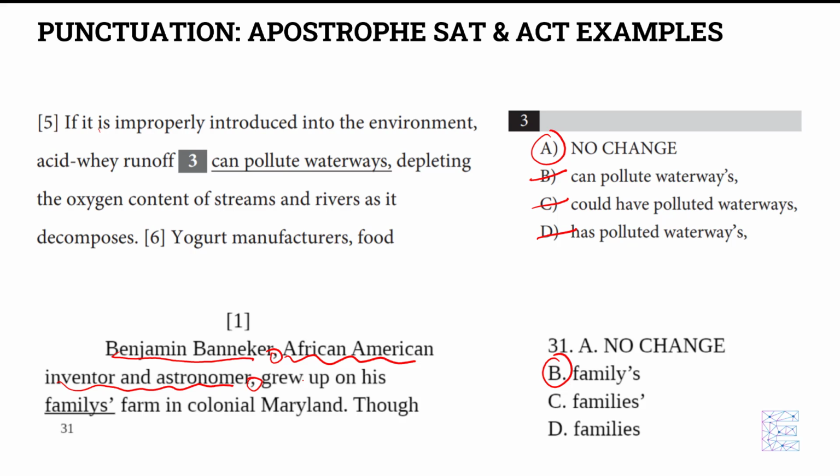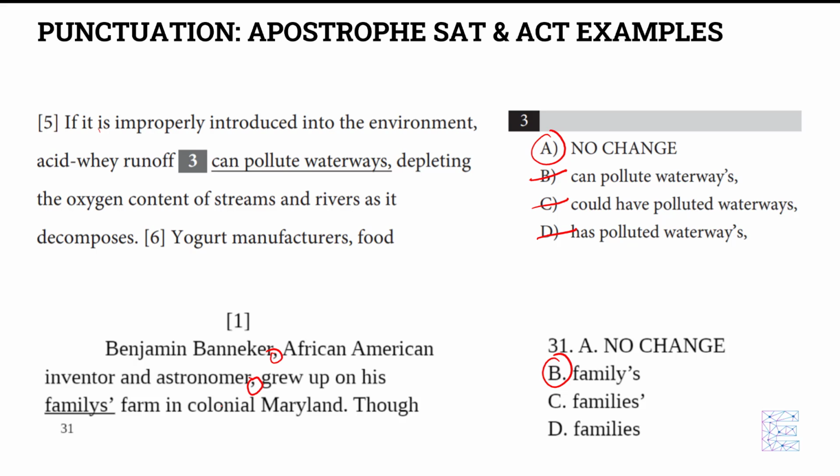This is what we called an appositive, right? It's the part of a sentence that is describing a what? A noun. Do we need it? Do we have to have it? Let's see. If we deleted it, would we still have a sound sentence? Benjamin Banneker grew up on his family's farm in Colonia, Maryland. It would be perfectly fine to delete that. So I just want to highlight here that this is the proper use of two commas to enclose an appositive.